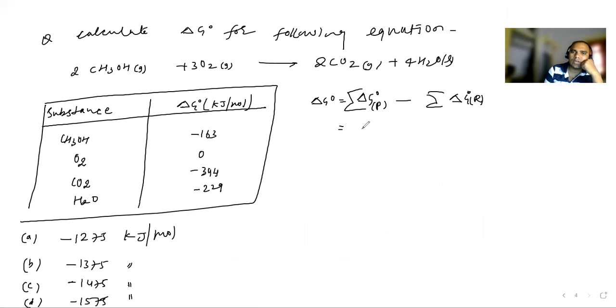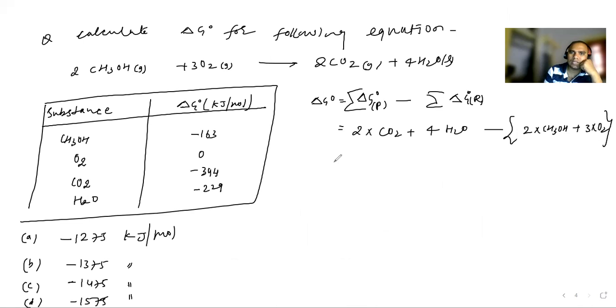So delta G product means 2 into CO2 plus 4 into H2O, minus 2 into the CH3OH value plus 3 into the O2 value.